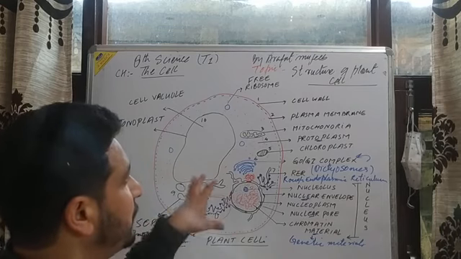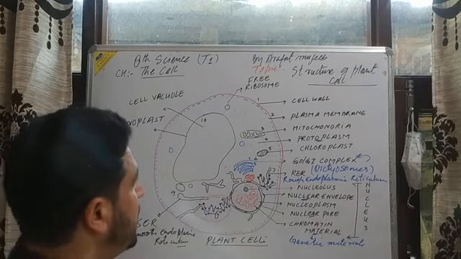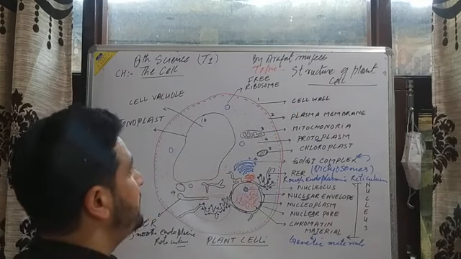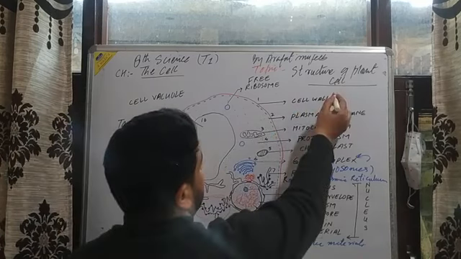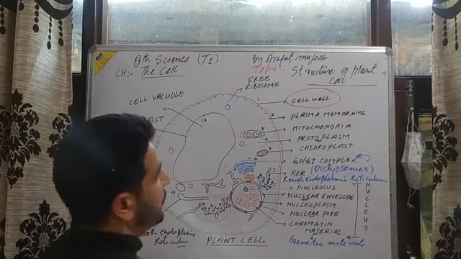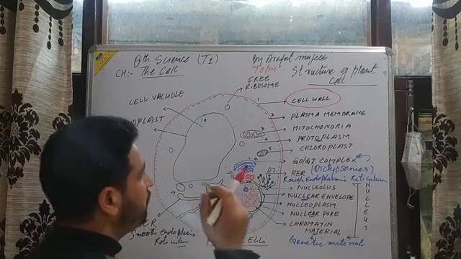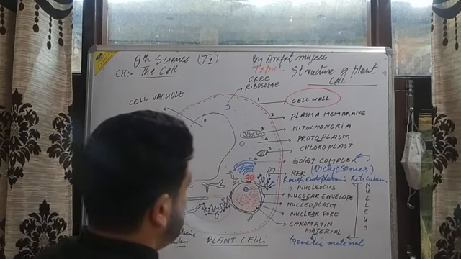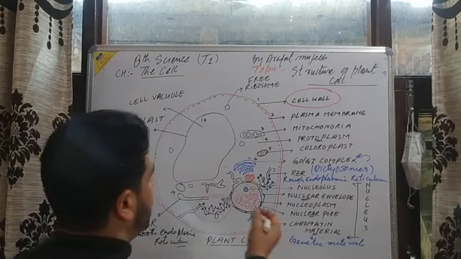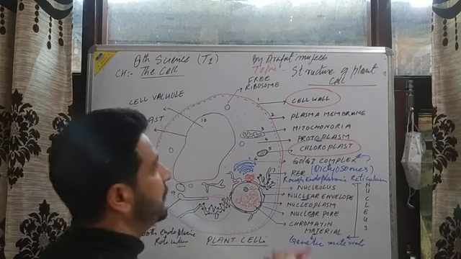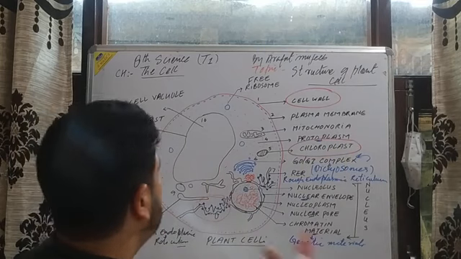An important question in view of the examination: the cell wall is present, which differentiates the plant cell from the animal cell. Which features differentiate it from the animal cell? Also the chloroplast. This feature also differentiates the plant cell.